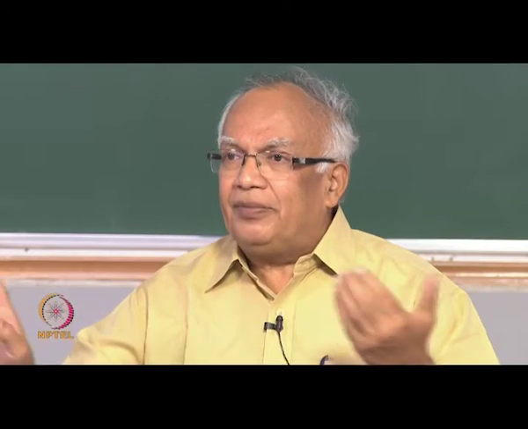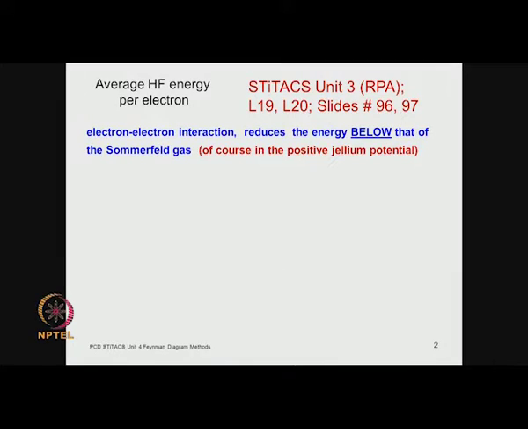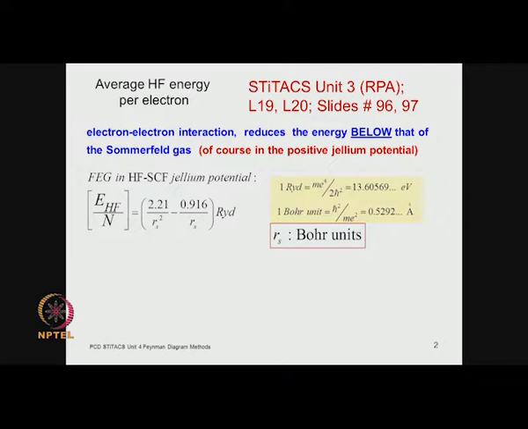And what this does is to keep electrons with parallel spins away from each other, okay, and that is what reduces the energy as we have seen. And what we found is that the average Hartree-Fock energy per electron, if capital N is the number of electrons, is given by a result which we have discussed in the previous unit, and you will remember that result.